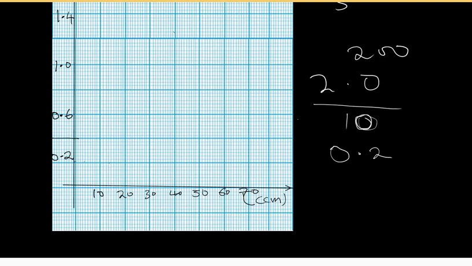I think it should be 0.1, if I'm not mistaken. Let me count it: 1, 2, 3, 4, 5, 6, 7.